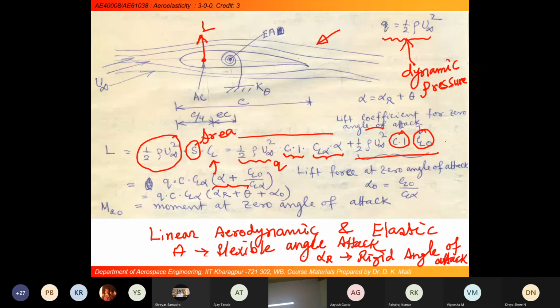If it goes beyond that, what will happen? The aerofoil will act like a blunt body. Several other features will happen: flow separation, downward flow will be different, upward flow will be different, flow will be separated from the top skin of the aerofoil, and then turbulence will be generated.